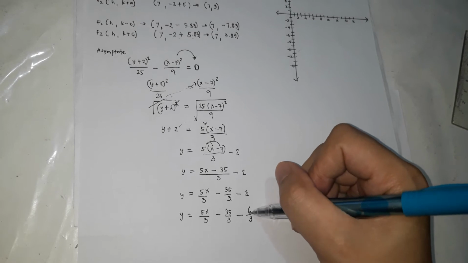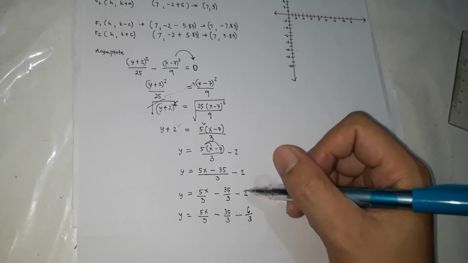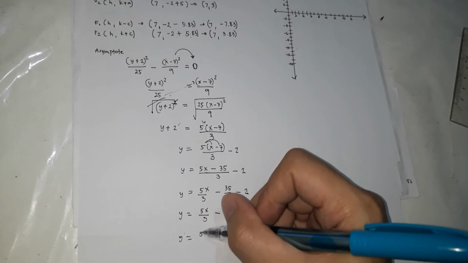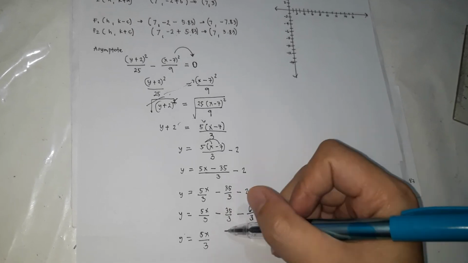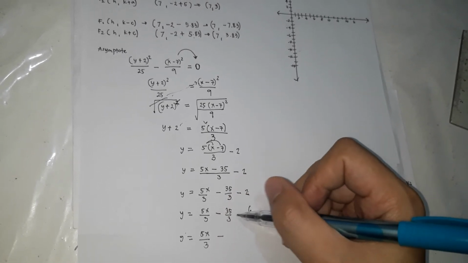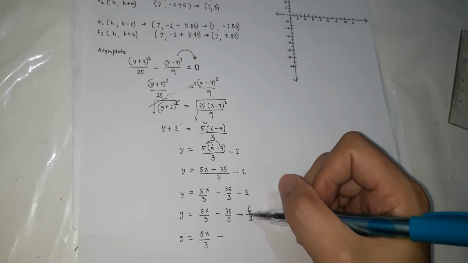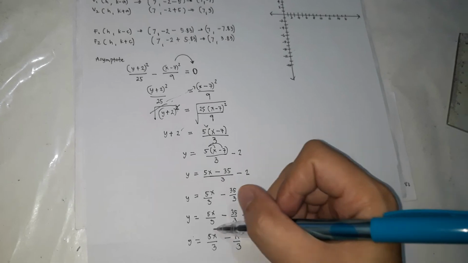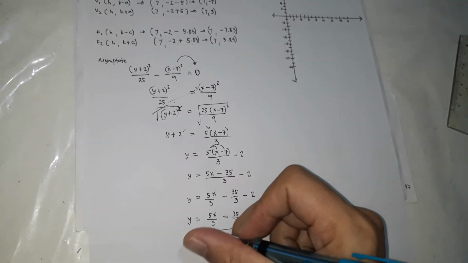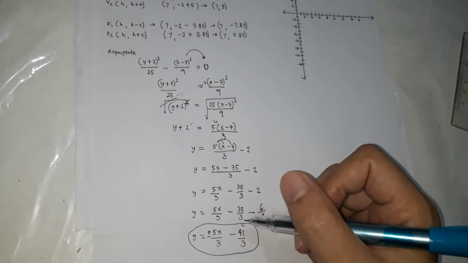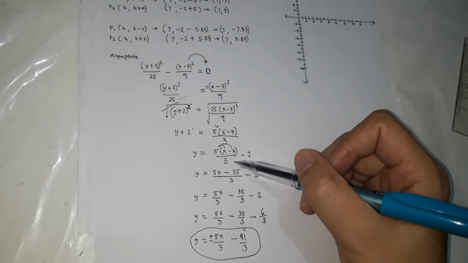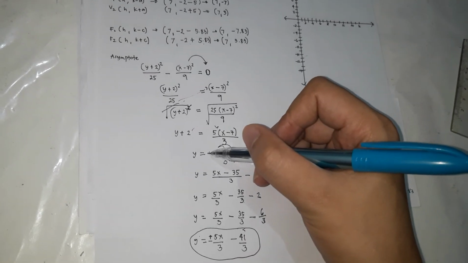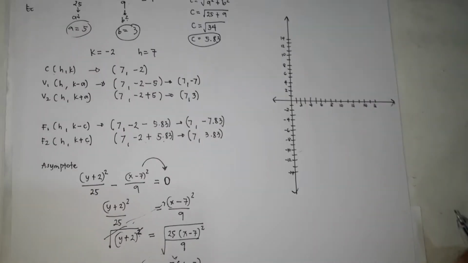I-times mo 6. So 6 over 3 is equal to 2. So y is equal to 5x over 3 minus 35, negative 35 minus 6, it's negative 41 over 3. So this is the asymptote. Or if you find it difficult, this is already okay. Lagyan mo lang ng positive, negative. So that's the asymptote.